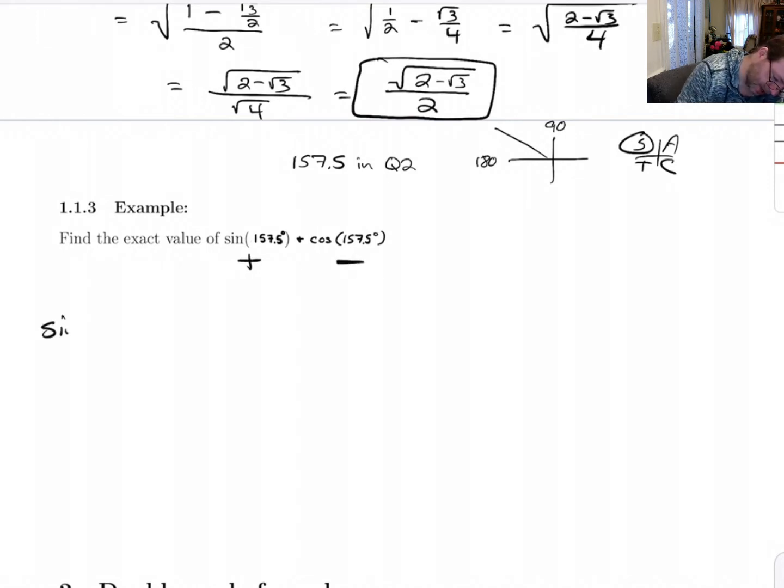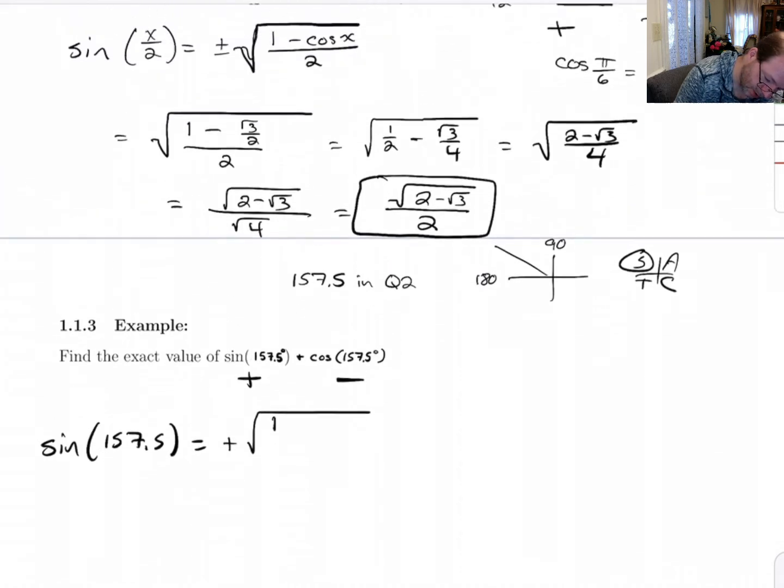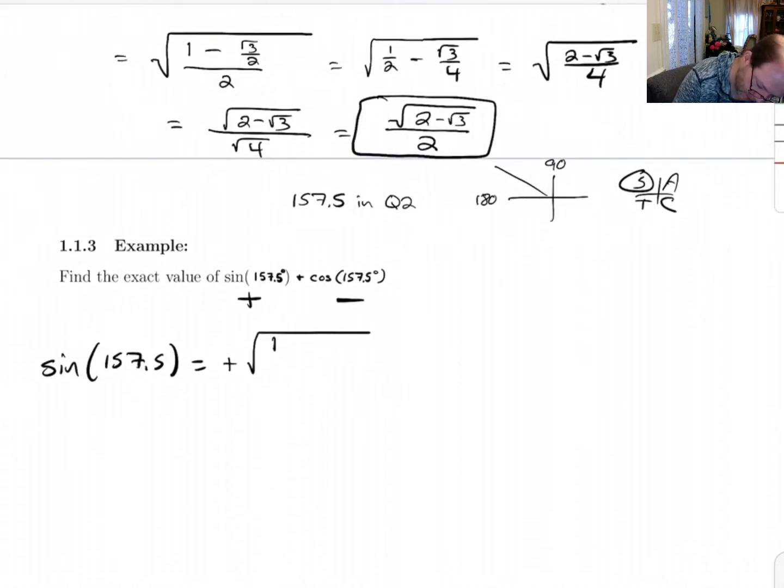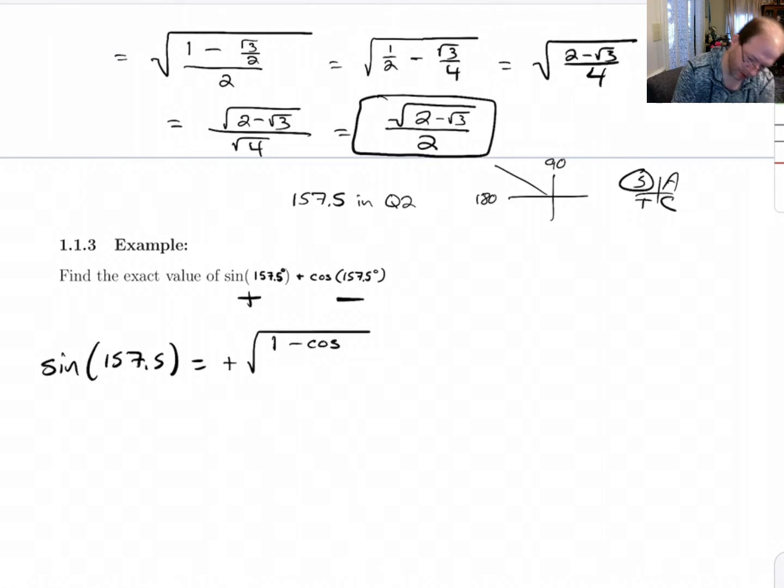So sine of 157.5 degrees is going to be positive square root of 1 minus cosine of, what is double that? That's 315 degrees, over 2.